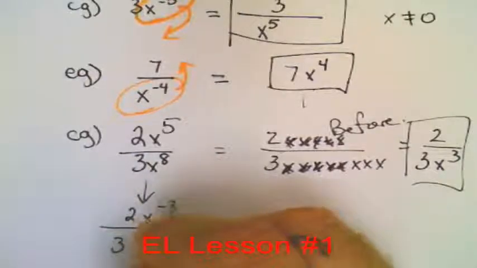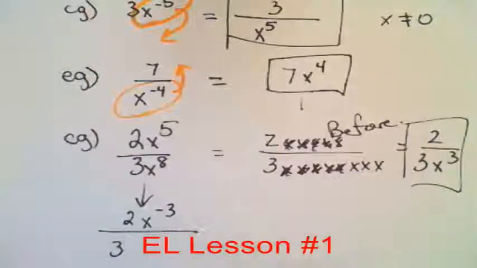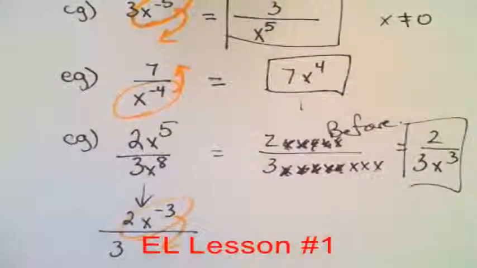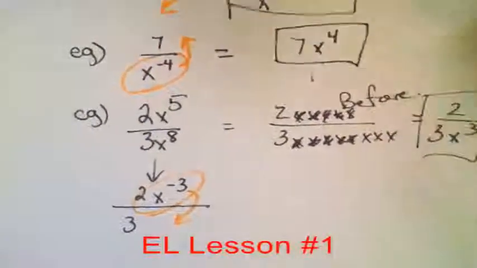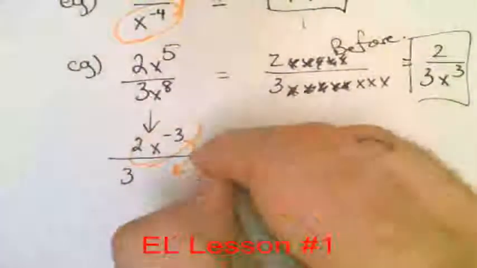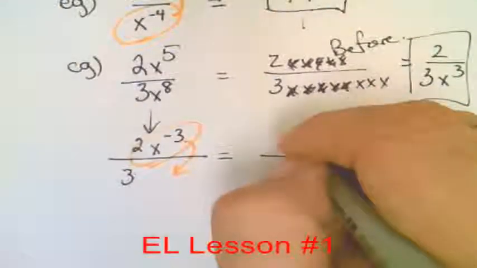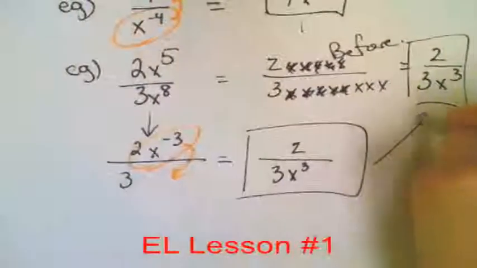Now that you remember the exponent laws, you really could, and there were some people in classes that made this case, do this: 2 divided by 3, can't do that, so I leave it as 2 divided by 3. X to the 5th divided by x to the 8th is going to be x to the negative 3, which then has to be flipped down.